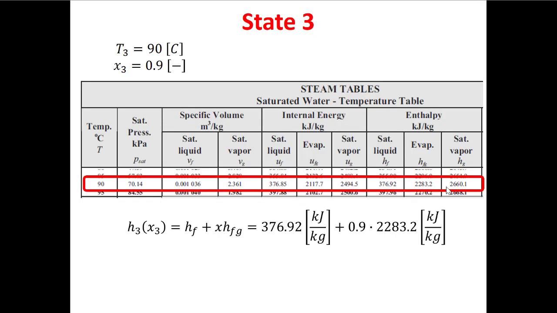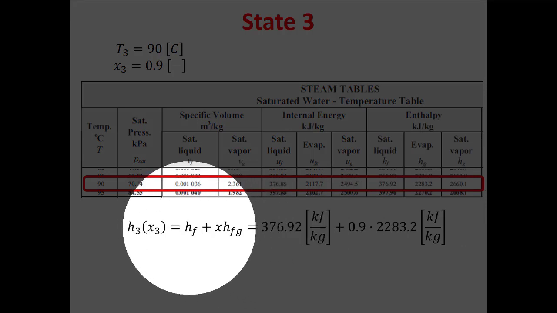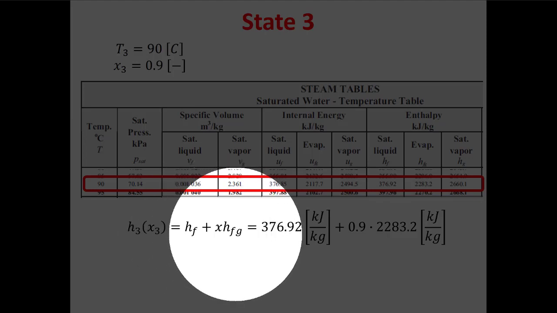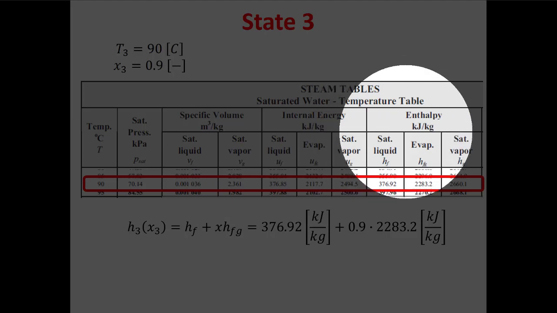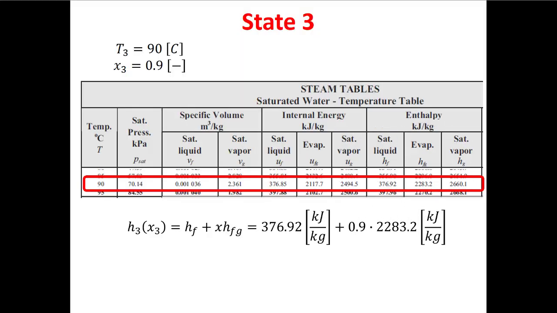saturated liquid. So here I remember my equation for quality, that h3 as a function of quality is hf plus the quality times hfg. Remember, hfg is hg minus hf, so I could figure that out if I wanted to, but here the table already gives me the subtraction, right? So if I use hfg, it's one less thing that I could mess up when I'm putting it into my calculator.